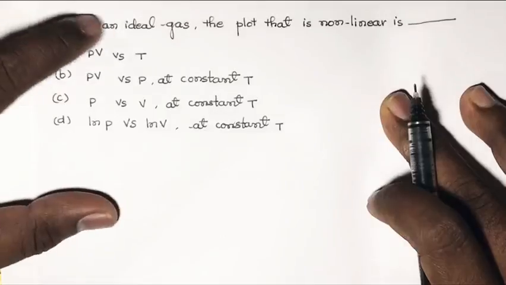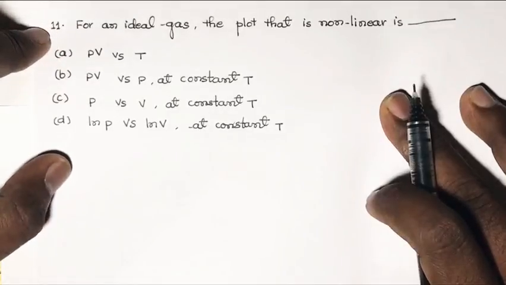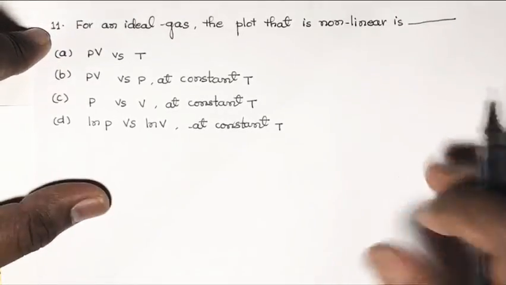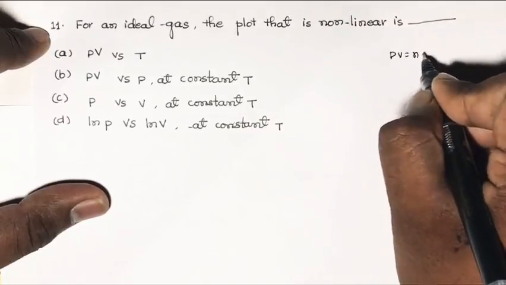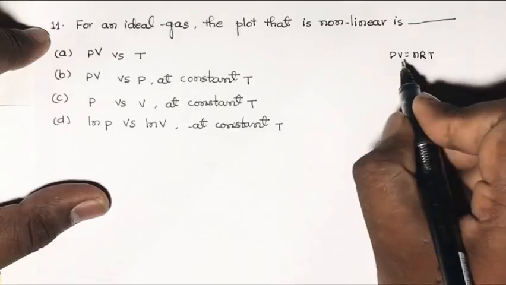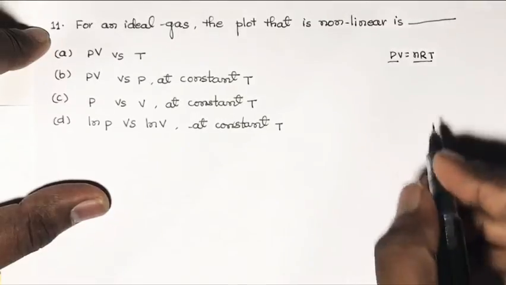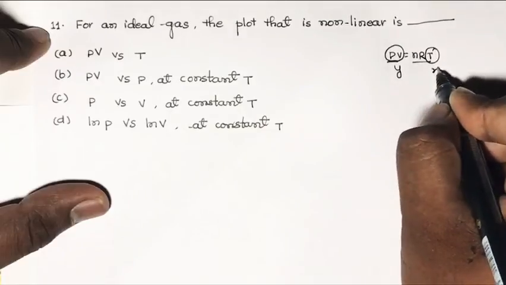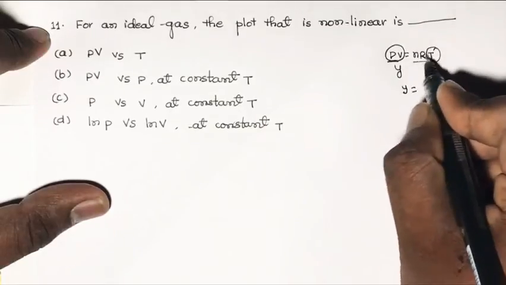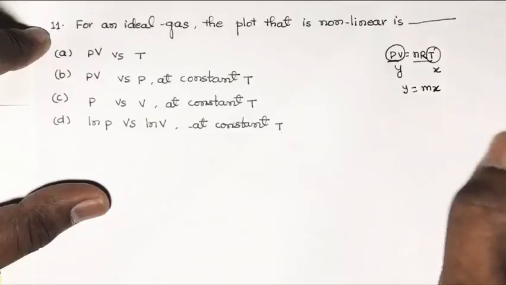Okay. So the first plot is PV versus T. So we know that PV equals nRT, and if we draw PV versus T, then PV is Y and T is X, and nR is constant, that is Y equals mx.